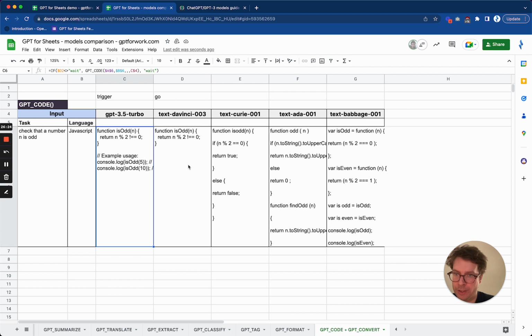Not bad. DaVinci was more concise, just provided the function, not the examples, but it is correct as well. And then Curie started okay-ish, but I mean it is correct, but it's just not good code at all. And I'm not even able to read this, so I will assume it's not good. And Babbage seems to be not great either. Very strange way to do it, I guess.